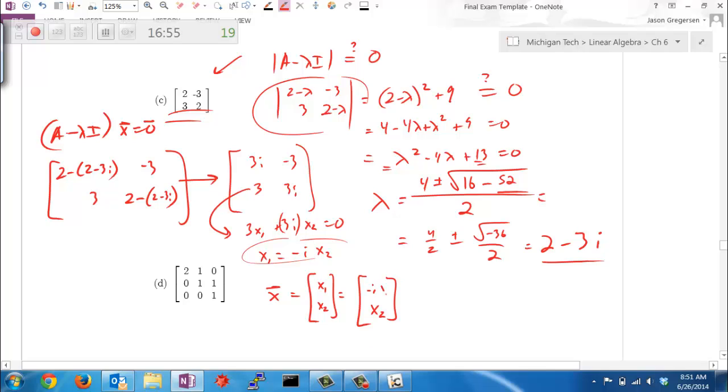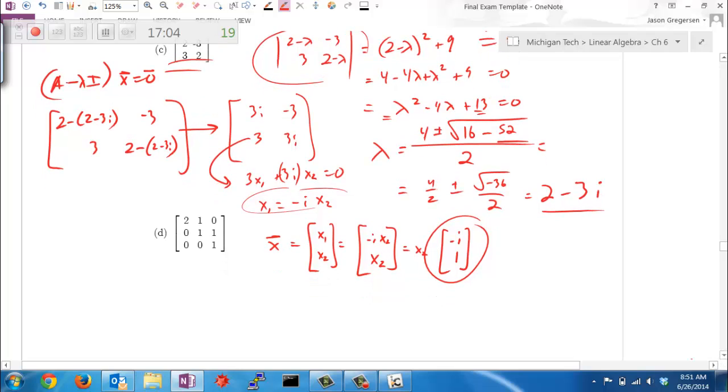It's negative i times x2. I factor out that x2, I get negative i and 1. This is my eigenvector associated with lambda equals 2 minus 3i. So those two are an eigenpair. And then when lambda equals 2 plus 3i, that eigenvector will be positive i and 1. It's the complex conjugate of the other eigenvector.